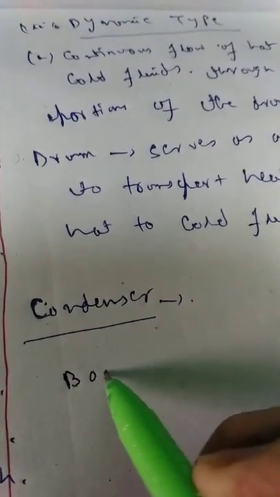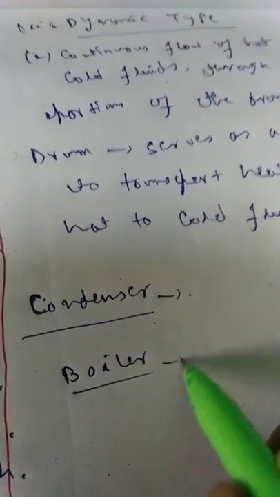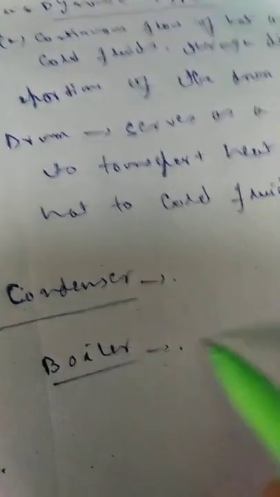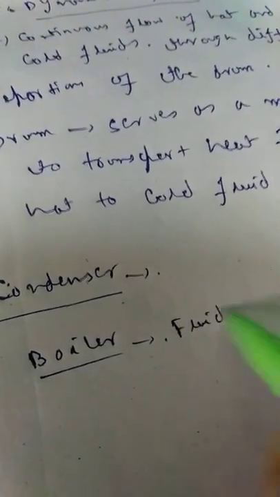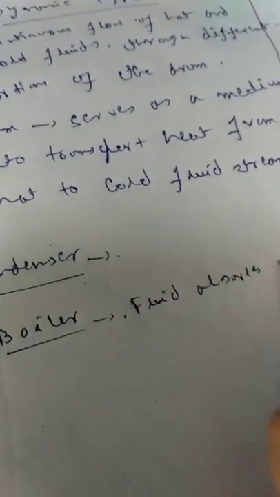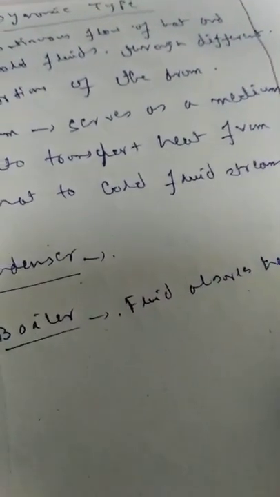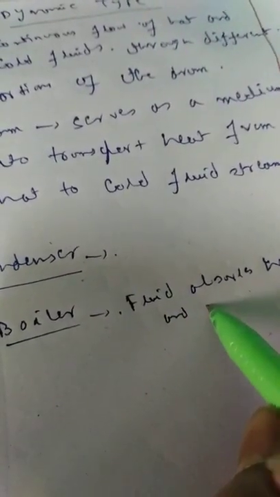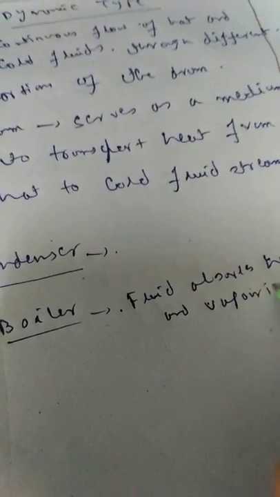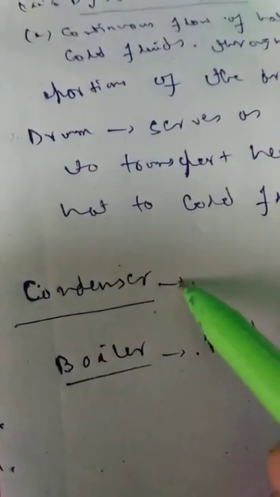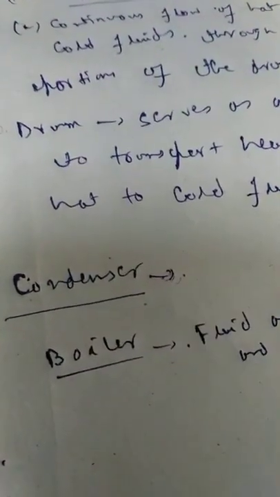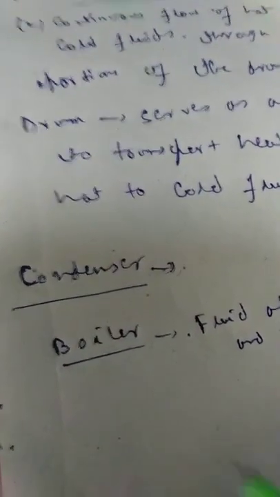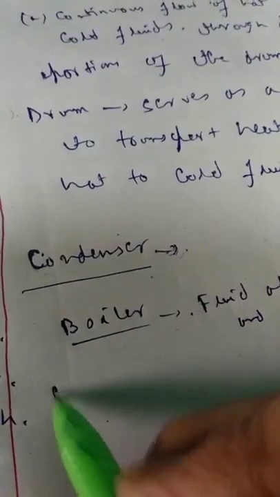Another type is the boiler. Boiler is also a heat exchanger, where the fluid absorbs heat and vaporizes. Fluid absorbs heat. And in the condenser it releases heat and gets condensed. Another type of heat exchanger is the space radiator.